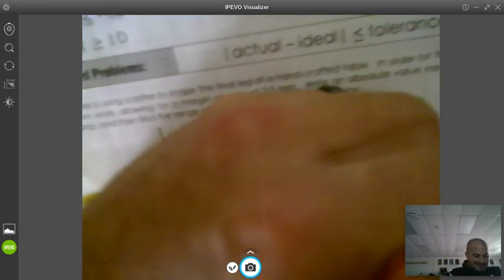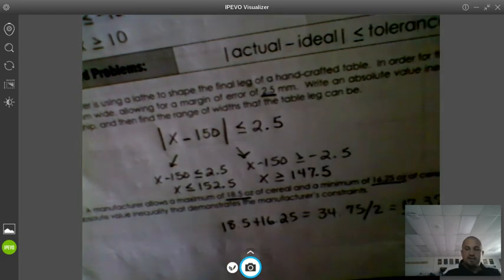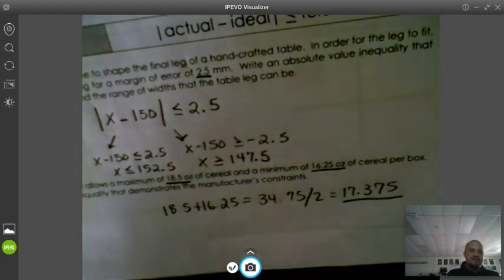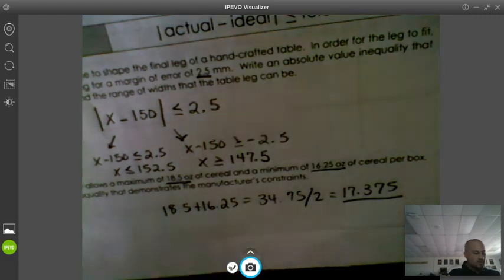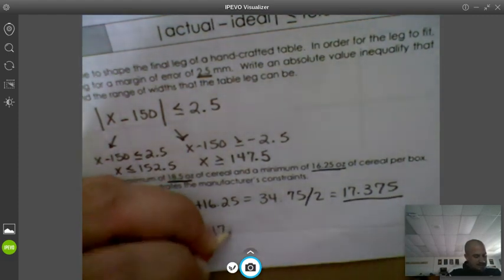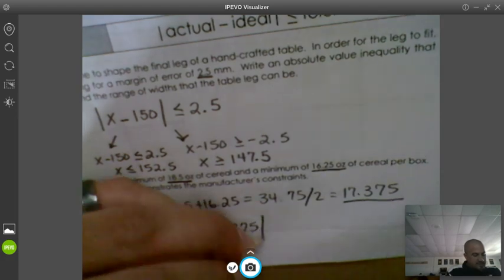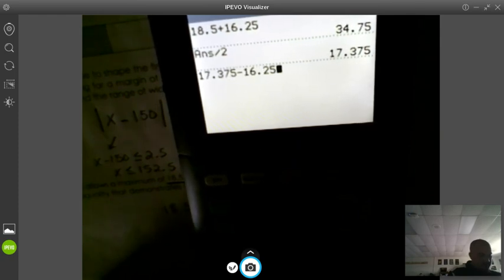So that would be our ideal, right in the middle of those amounts of cereal, right? Because if we allow a maximum of 18.5 and a minimum of 16.25, we want to be somewhere in the middle. So we're going to say x minus our ideal, 17.375, is less than or equal to, well, how much will we tolerate it being off by? Well, we can find that by saying 17.375 minus 16.25.